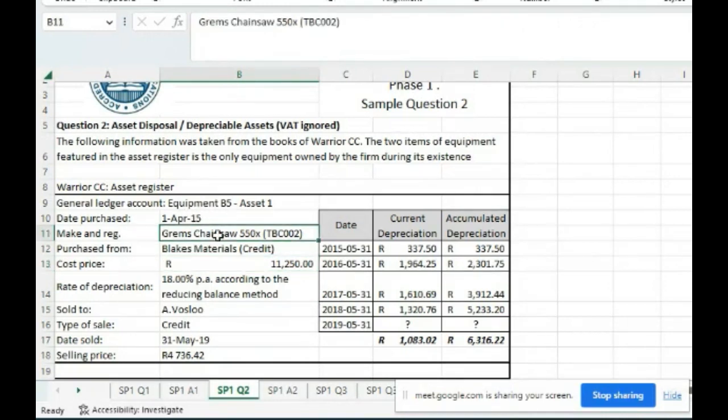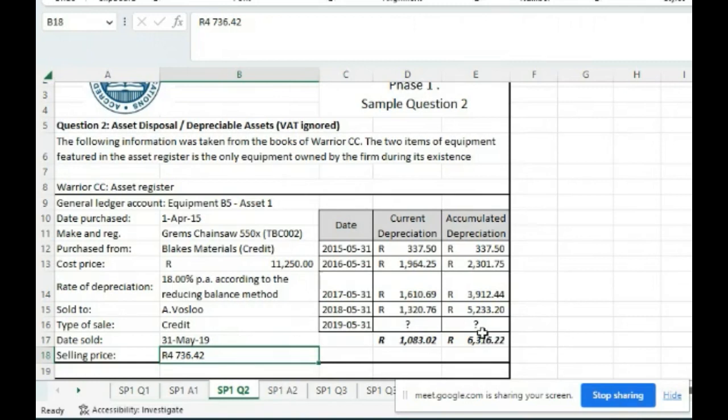It's a chainsaw. It was bought for 11,250 and then it was sold on the 31st of May for 4,736 rand. Now, what you are given is the dates and the depreciation and the accumulated depreciation for the previous 4 years, and then you have these two little question marks.